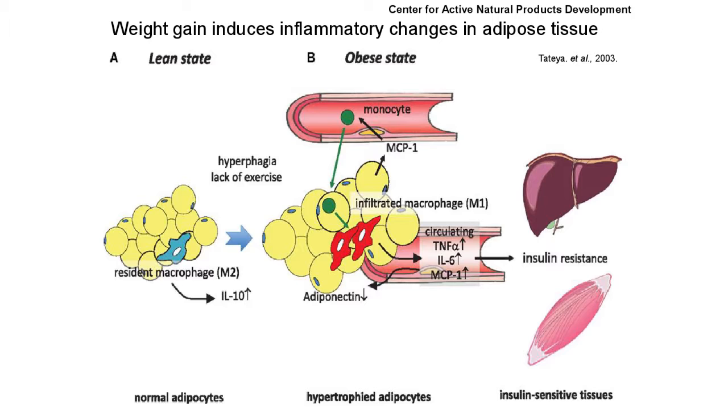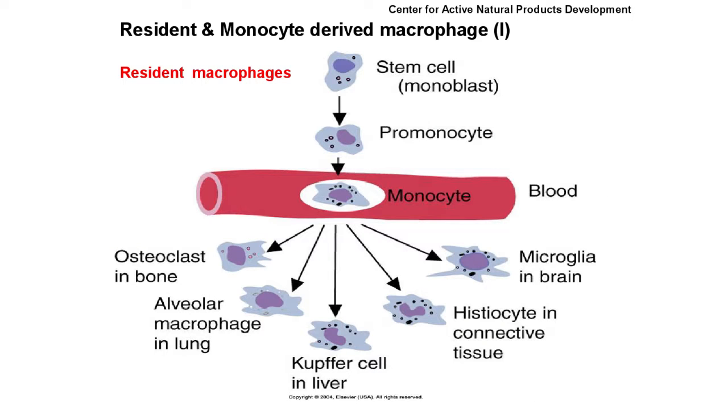As published papers mentioned, actually in the human body there are two categories of macrophage. They have different names, but in nature they have the same functionality.